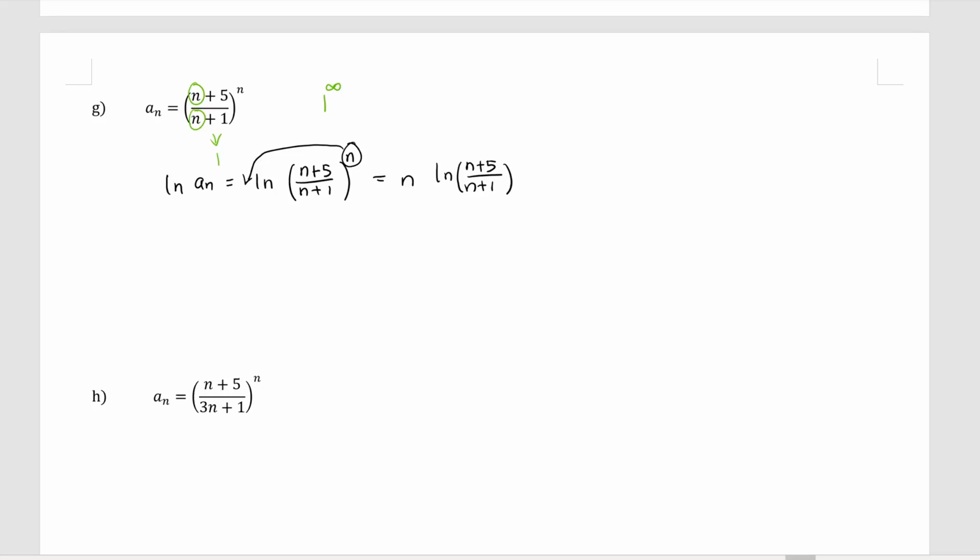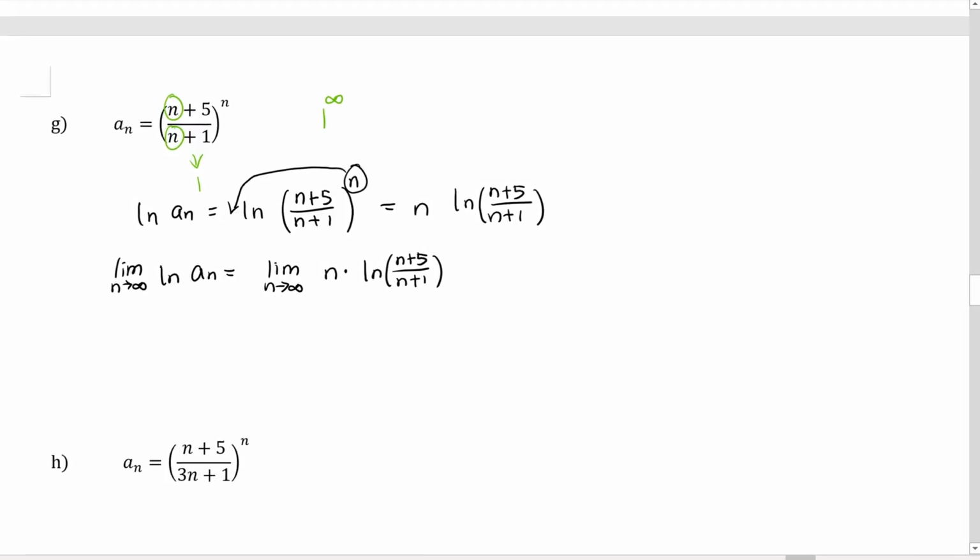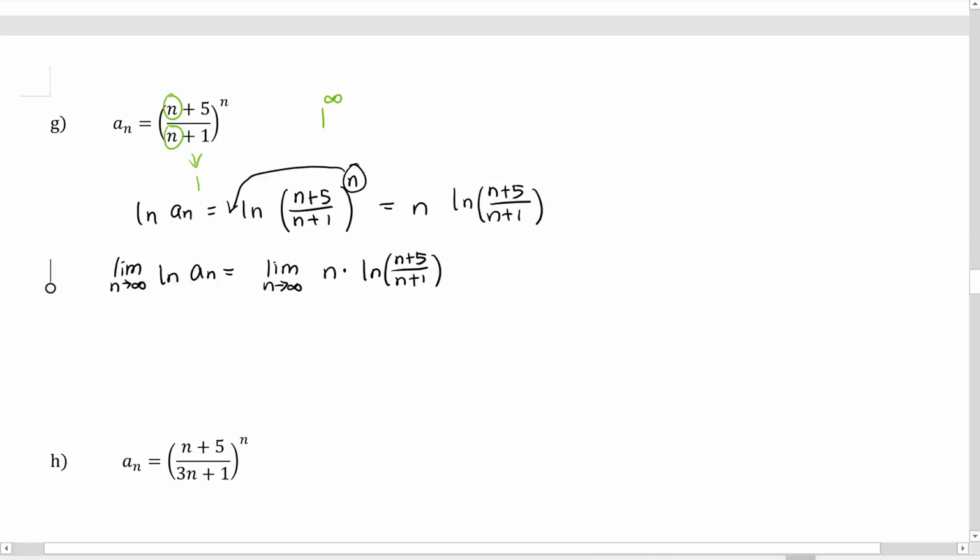And next, we can compute the limit now, right? So, computing the limit as n goes to infinity, ln of a sub n is the limit of n times ln of (n plus 5 over n plus 1). Let me make it bigger. So what is that?